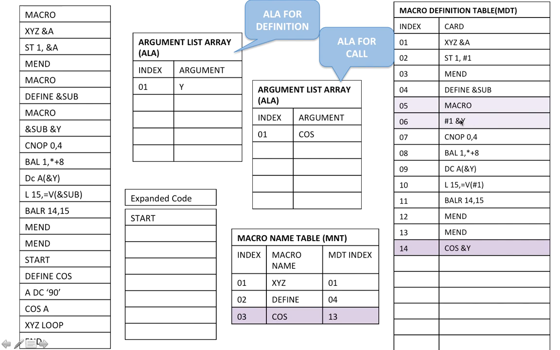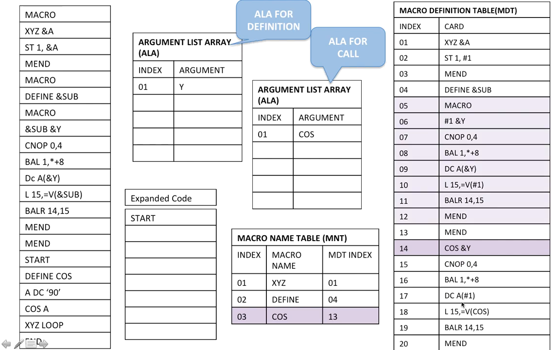Then the argument for the definition is ampersand Y, which goes to the separate ALA storing the argument Y. Now it goes ahead with the definition, and this code will be stored into the definition table.